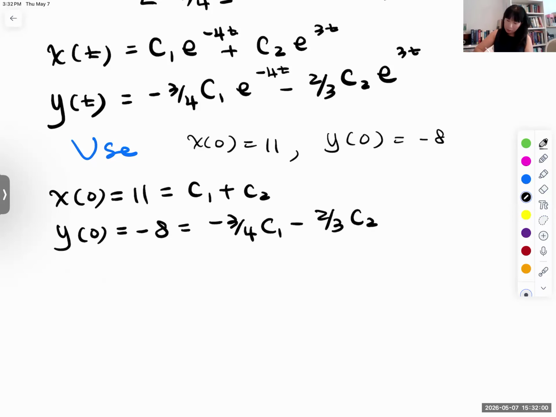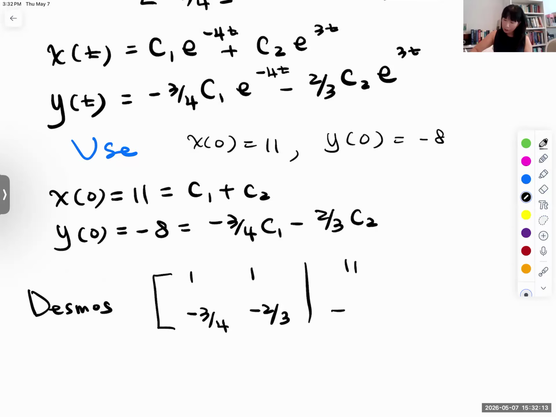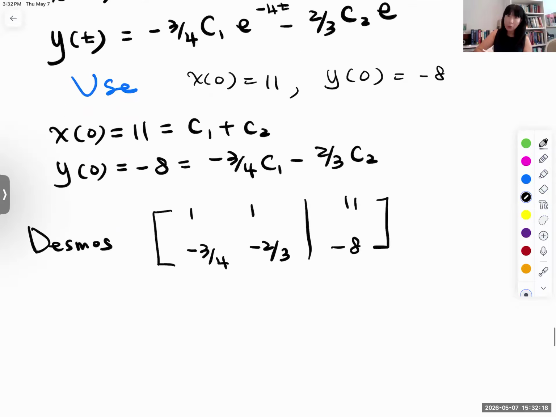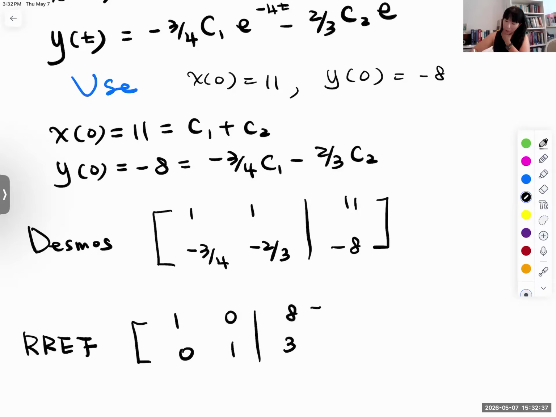Okay, once again, decimals easier, right? 1, negative 3 over 4, and negative 2/3, and 11 and -8, finding the solution. So we will get the reduced row echelon form: 1 0 0 1 and 8 and -3.